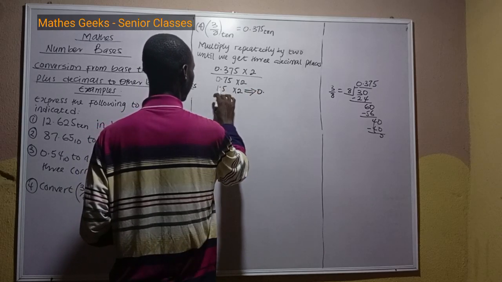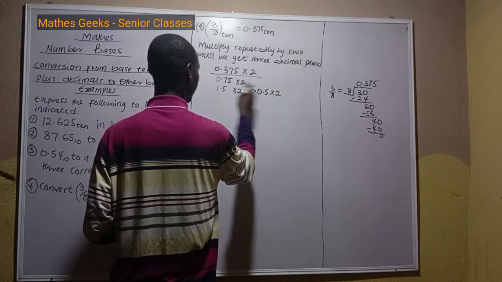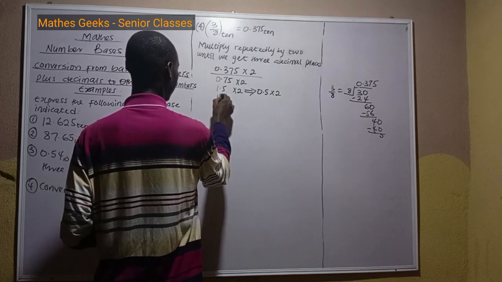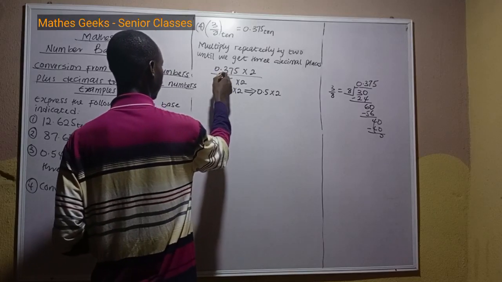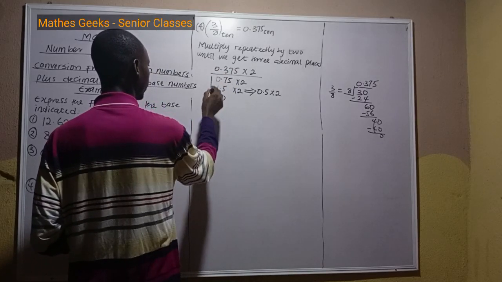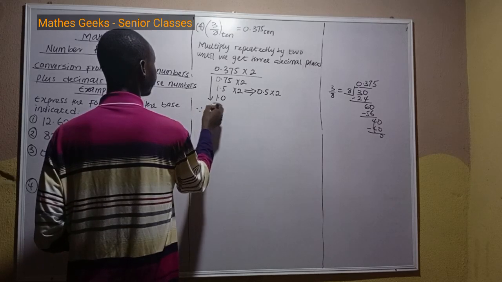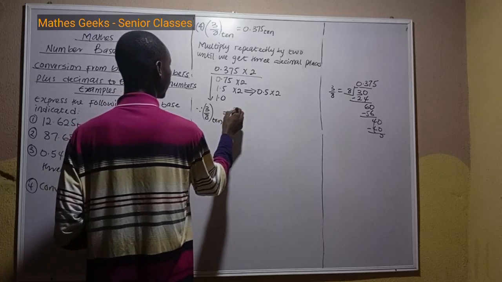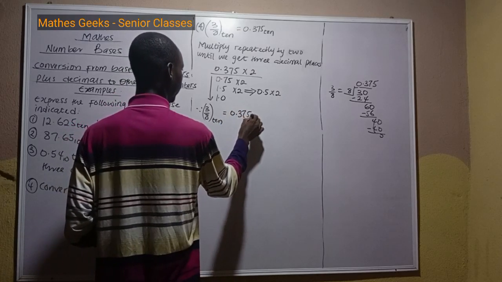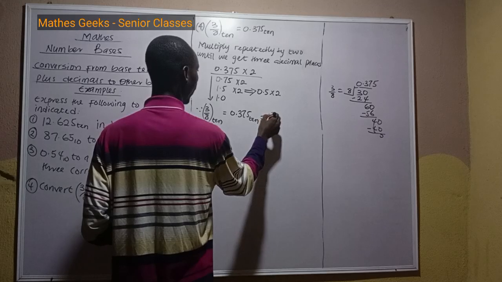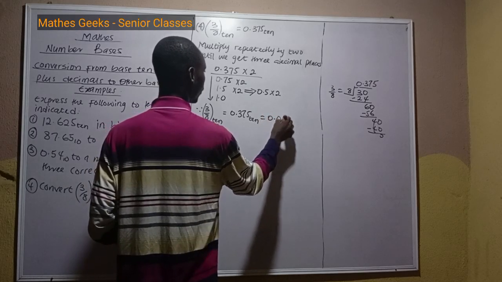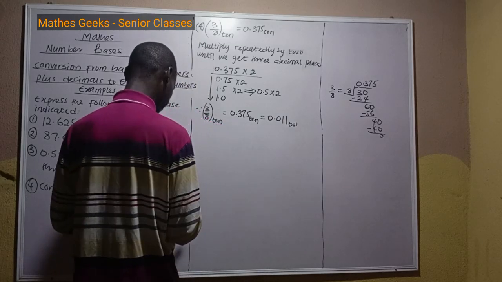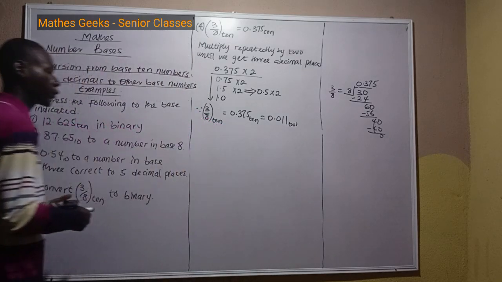When you split it, you have 0.5 times 2, which is 1.0. We've gotten out of the decimal. So we draw our arrow from top to bottom. Therefore 3 over 8 is equivalent to 0.375 base 10, which is equal to 0.011 base 2. So that's the answer.